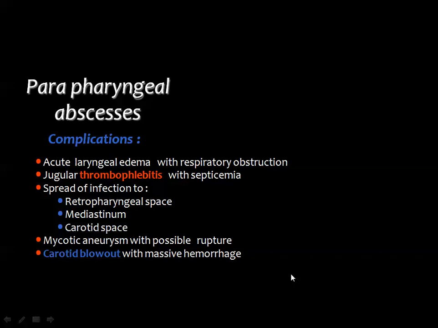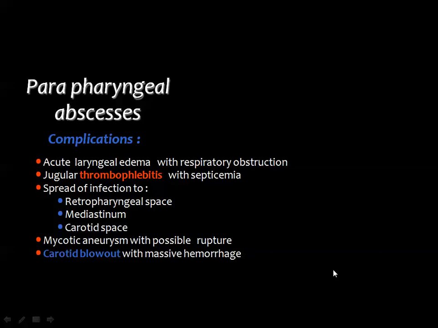Complications are serious, and they include jugular thrombophlebitis with septicemia. This is a very dangerous complication, and weakening of the carotid wall, leading to mycotic aneurysm, and this aneurysm may rupture, what is known as carotid blowout, with massive hemorrhage.